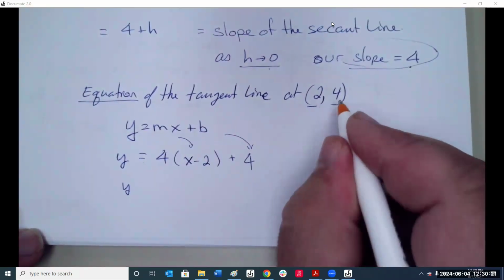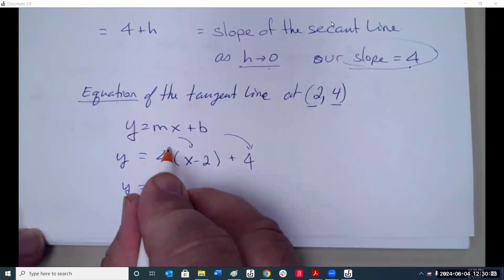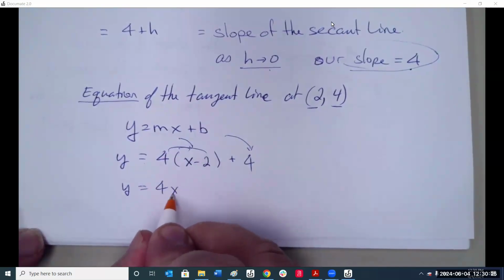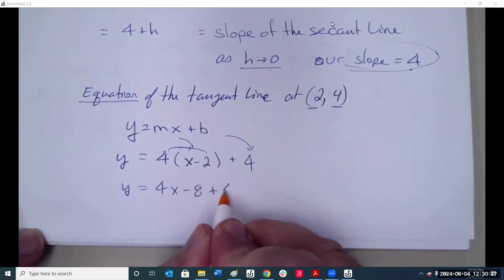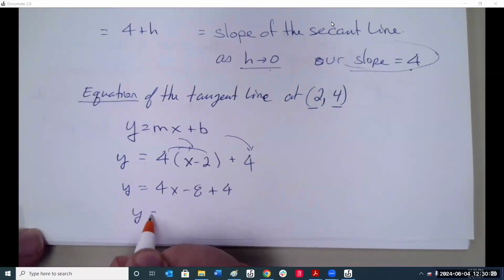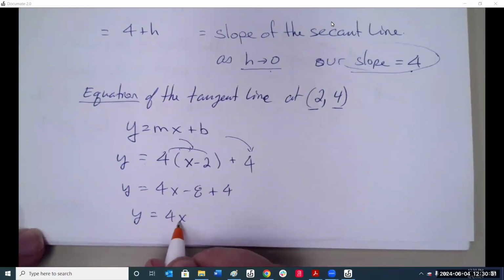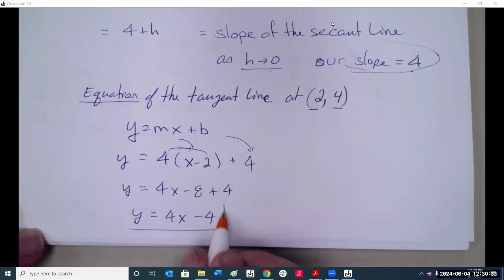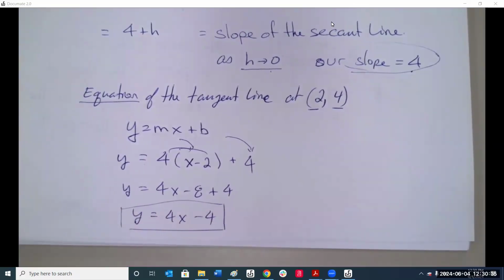Because we're using the point (2, 4). So now we'll get rid of the parentheses. So we have 4x minus 8 plus 4. y equals 4x minus 4. This is the equation of the line tangent to the curve at that point (2, 4).